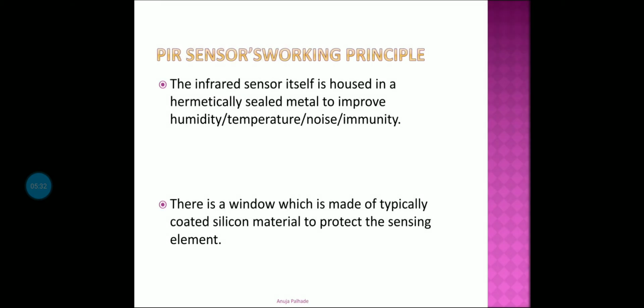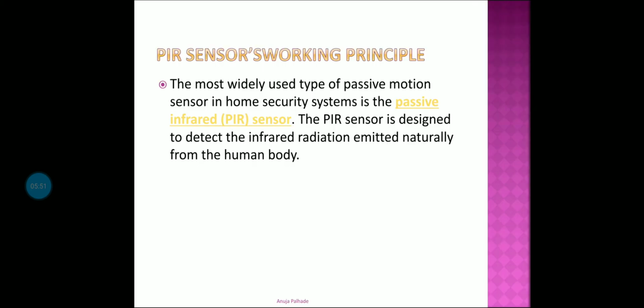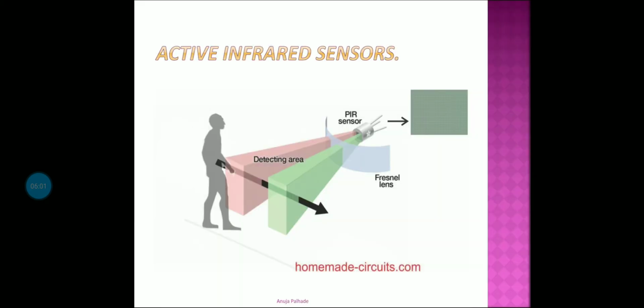The infrared sensor itself is housed in a hermetically sealed package to protect against humidity, temperature and noise. There is a window, typically made of coated silicon material, to protect the sensing element. The most widely used type of passive motion sensor in home security systems is the passive infrared sensor, designed to detect infrared radiation.